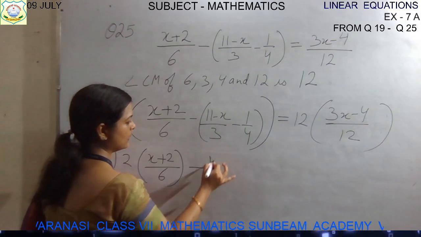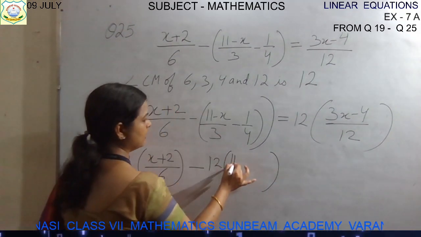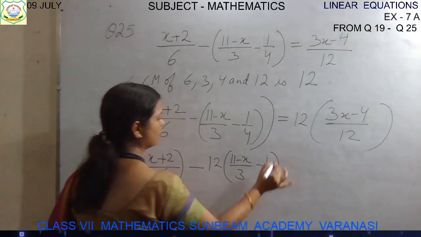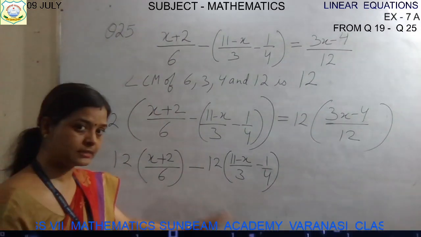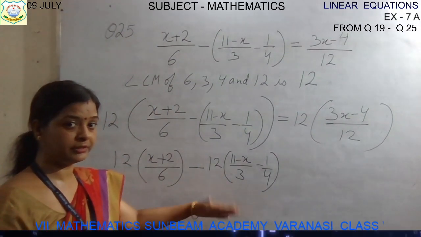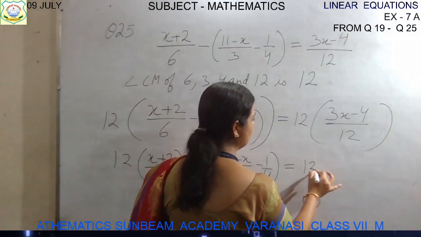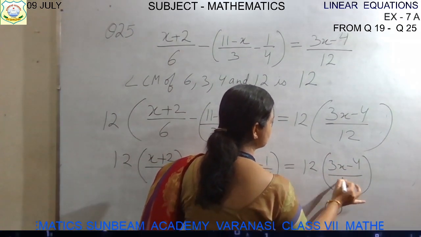So 12 into, write down the bracket value, (11 − x/3 − 1/4). Just leave it. We will solve it in the next step. No need to solve everything in a single step. That is equal to 12 times (3x − 4)/12.